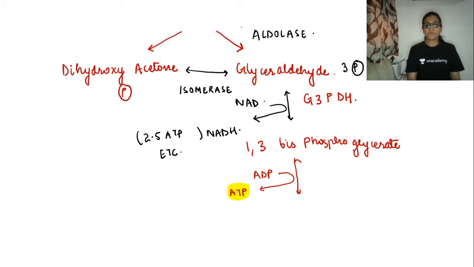So this 1,3-bisphosphoglycerate is going to change into 3-phosphoglycerate. And the enzyme responsible for this reaction is bisphosphoglycerate kinase.